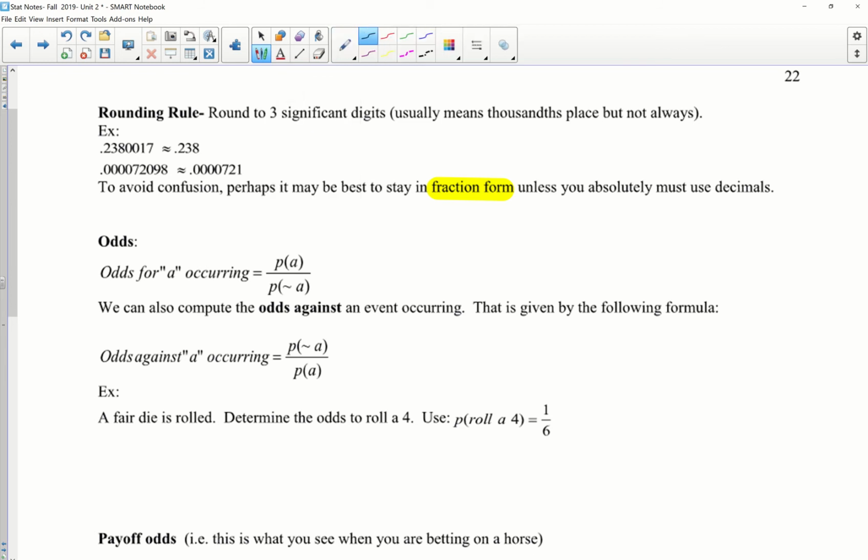So I'm going to start my rounding here after the zeros end, and 721 is what I'm going to end up with. There were no zeros after the decimal point to start for the first one, so I could just round that straight away. There was no problem there.